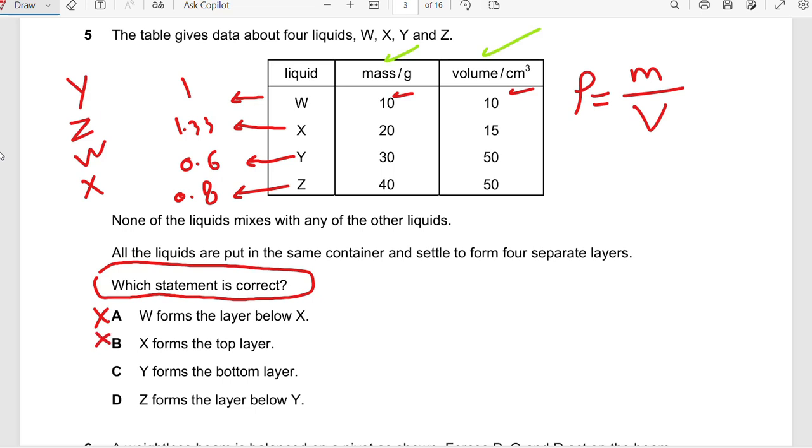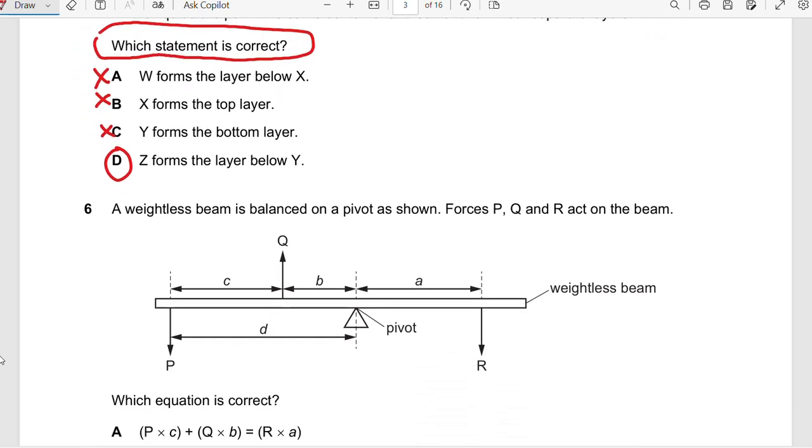In C, Y forms the bottom layer. Actually, no, Y is the top layer. In D, Z forms the layer below Y. Exactly, Z below Y, so option D is correct. Okay, I hope it's clear.